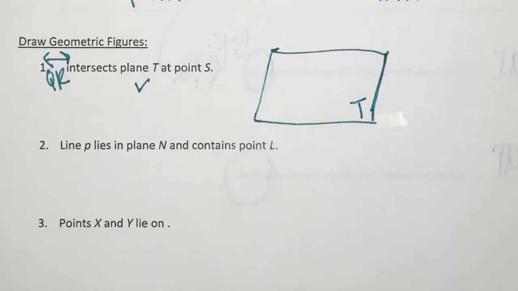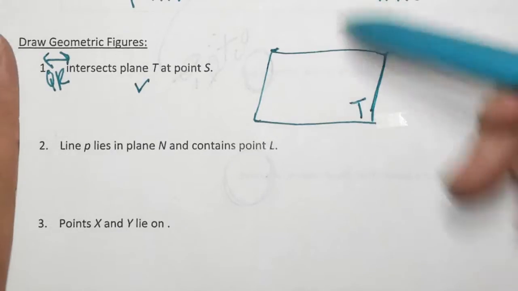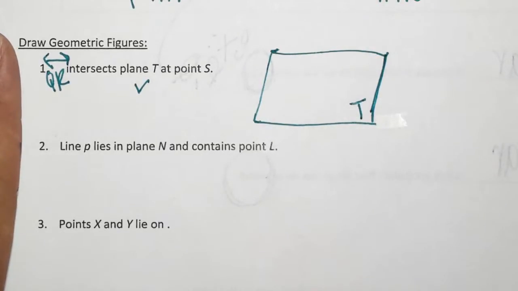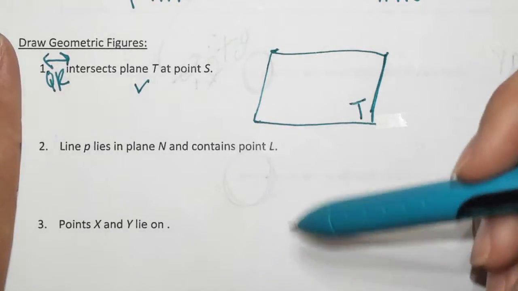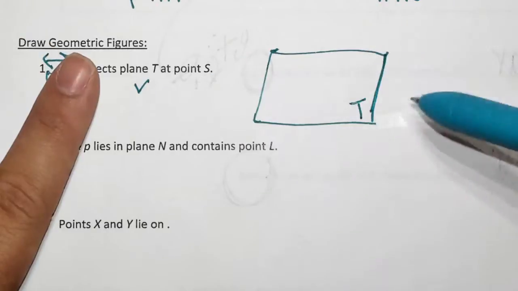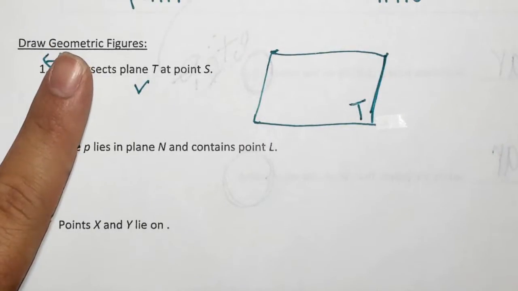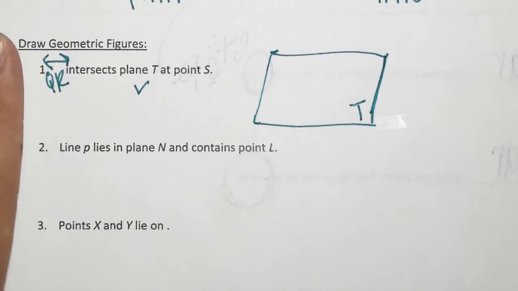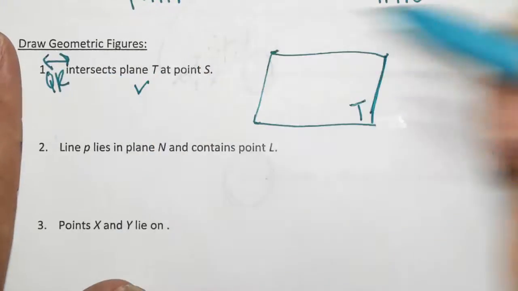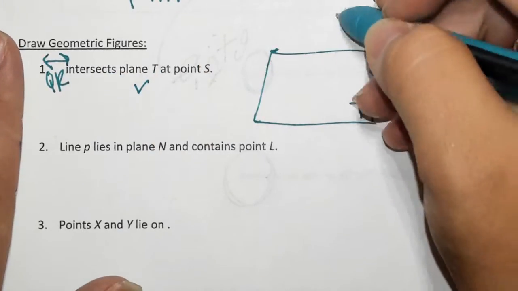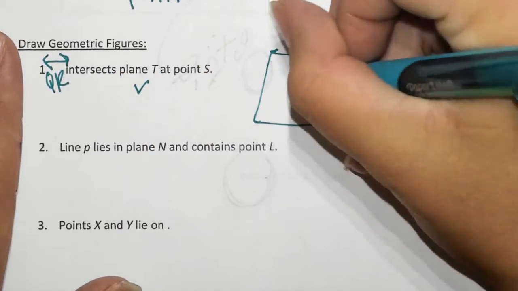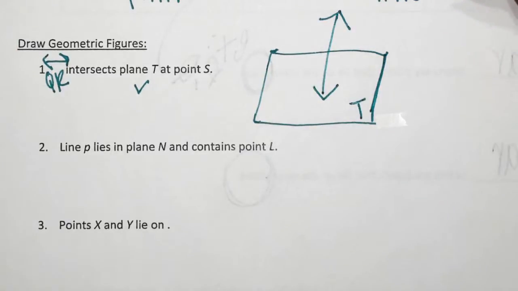Line QR intersects this plane. Does it tell us which side it intersects on? No, so does it matter? No. If this is a quiz, and you put it this way, and your partner puts it over here, are you both right? Yes. So QR intersects the plane here. So let's just make this the line. Now, does it tell me what order QR is in?